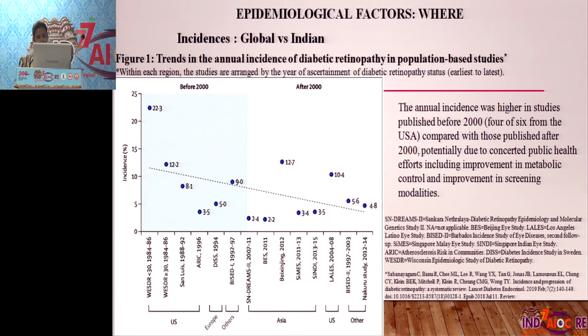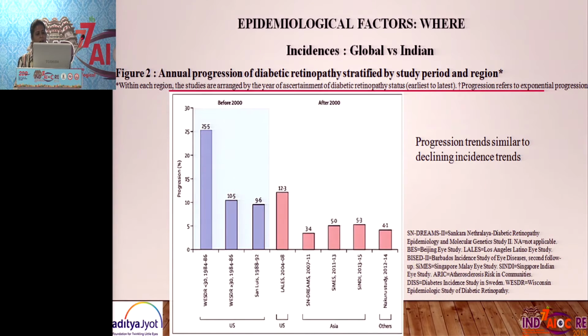So the declining trend may be possibly because people are now getting aware of retinopathy, and also there are concerted public health efforts which are improving the screening and leading to more people having treatment. If you look at the annual progression of diabetic retinopathy, the same pattern is being observed, that you will see a decline in the trends of the incidence and the progression.